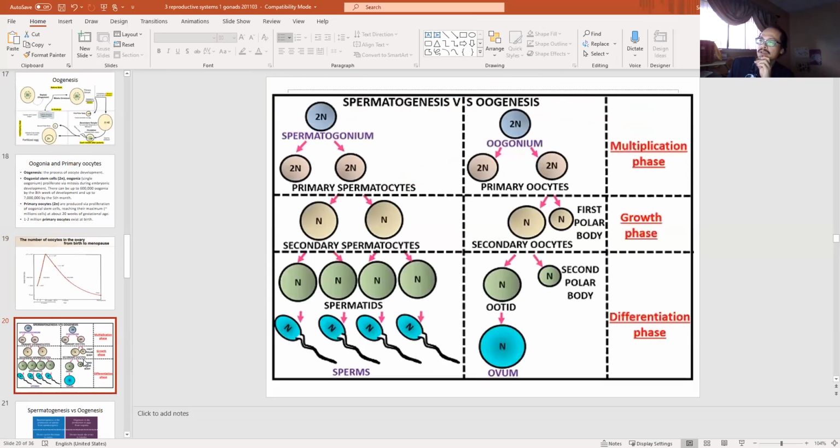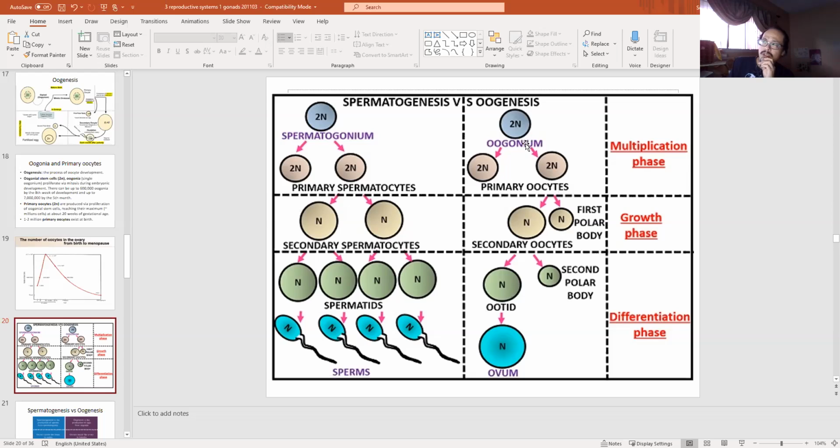So here is a comparison of spermatogenesis and oogenesis. The first phase is multiplication. In the male, this will continue after birth throughout not the entire age, but probably up to about 50 years old, and it could be longer.